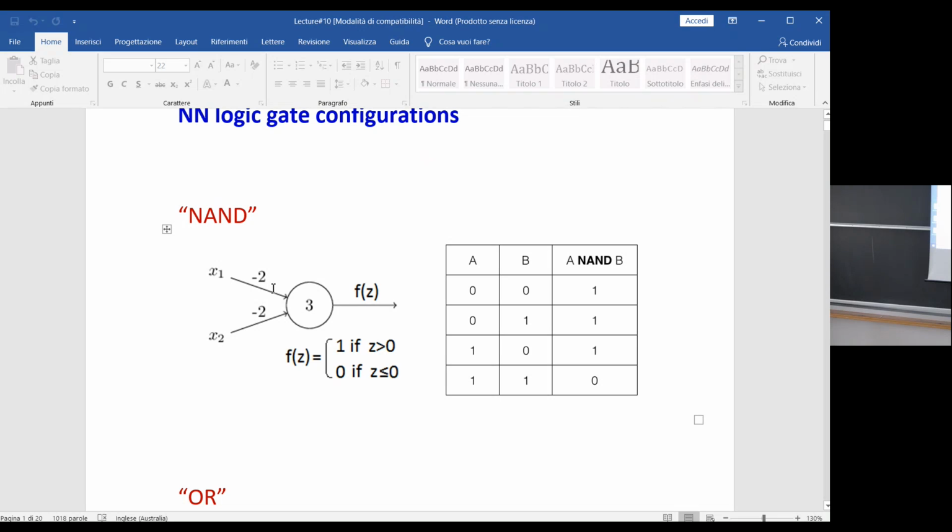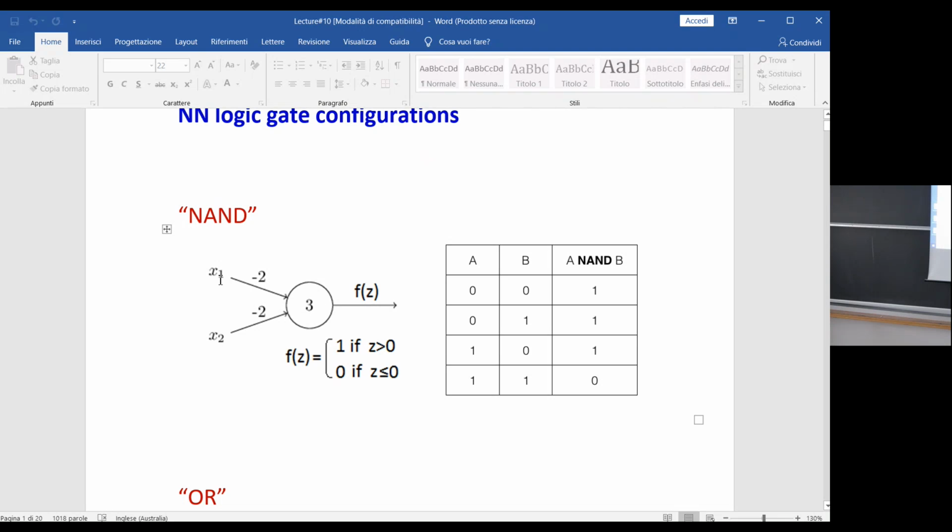With such a simple configuration of the neural net, we have only one neuron with the bias 3, with the weight coefficients -2, -2 for x1, x2. Then we calculate the weighted sum, the shifted weighted sum.